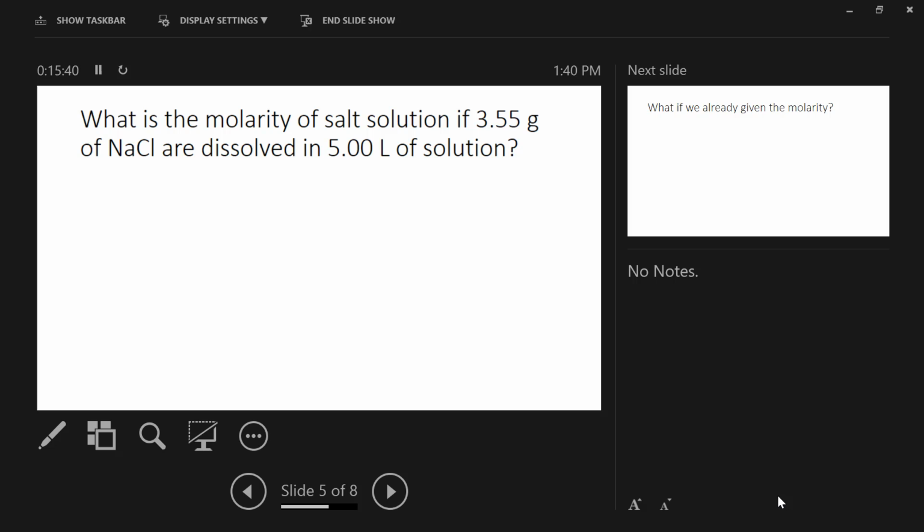Atomic if it's a single atom, molecular mass if it's an entire molecule.